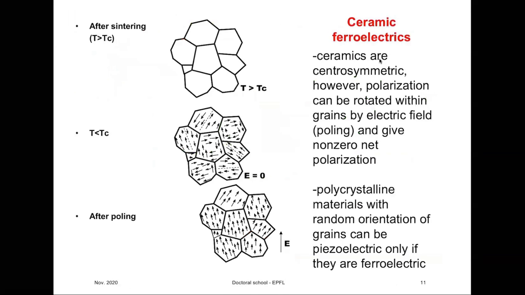So with ceramics, we have the following case. Let's say that we have a ceramic that is ferroelectric. We sinter the ceramic at some high temperature. These temperatures are almost always higher than the Curie temperature, so the material is in a cubic phase. There are some exceptions. For example, in bismuth ferrite, we usually do sintering below the Curie temperature.